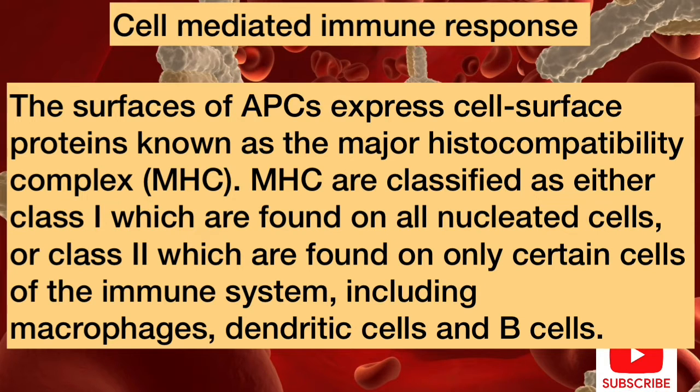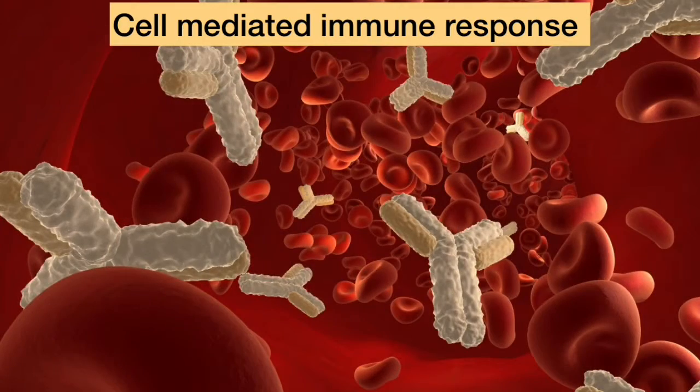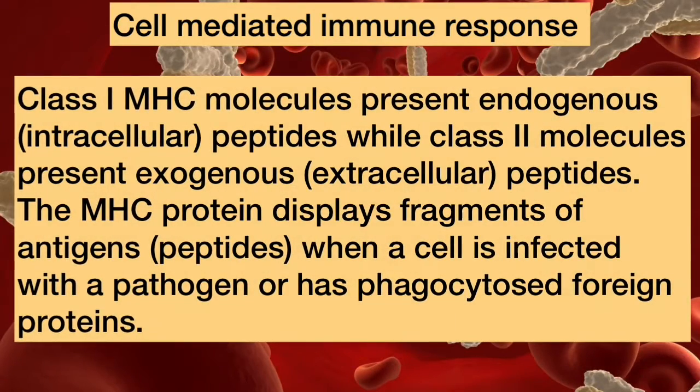Major histocompatibility complexes are classified as either class 1, which are found on all nucleated cells, or class 2, which are found on only certain cells of the immune system, including macrophages, dendritic cells, and B cells. The class 1 major histocompatibility complex molecules present endogenous peptides, while class 2 molecules present exogenous peptides.